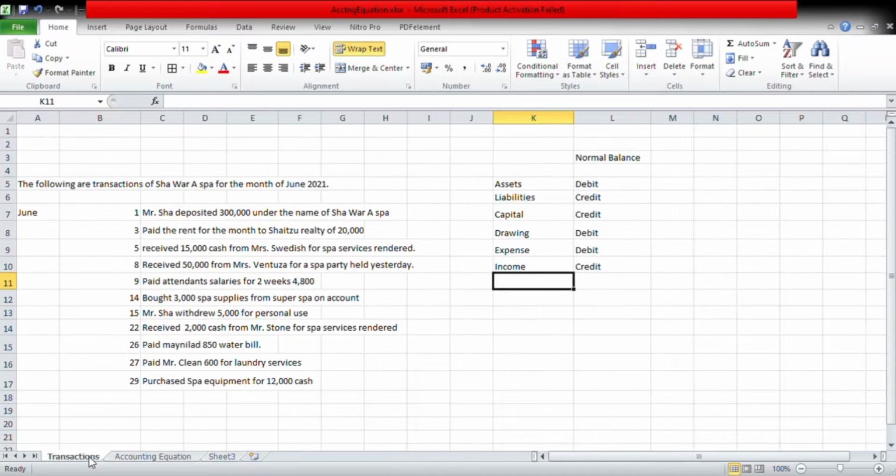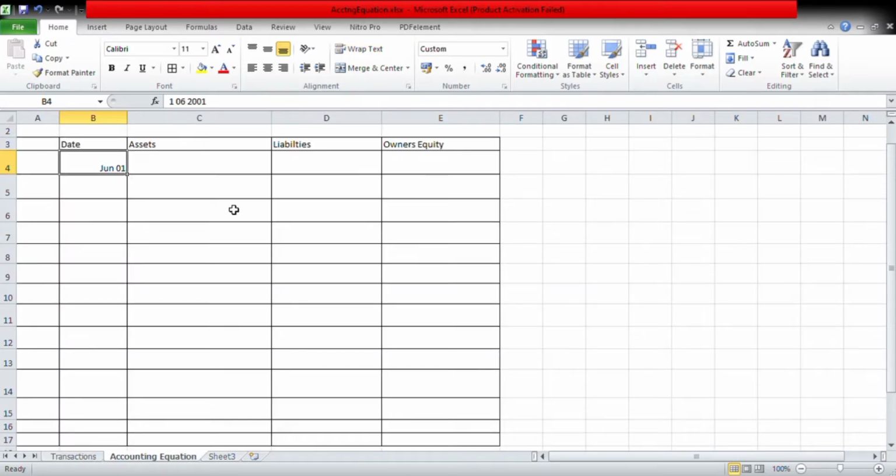Okay. For June 1, Mr. Shah deposited 300,000 under the name of Shawar A Spa. That means Mr. Shah made an initial investment in his business named Shawar A Spa amounting to 300,000 pesos. So investment means capital, and in capital we receive an asset.